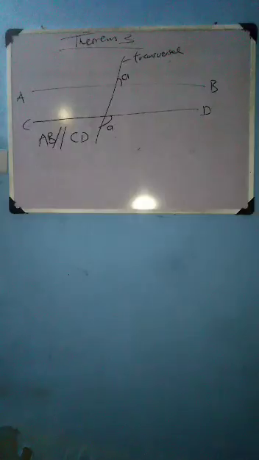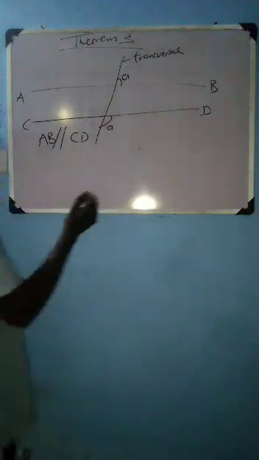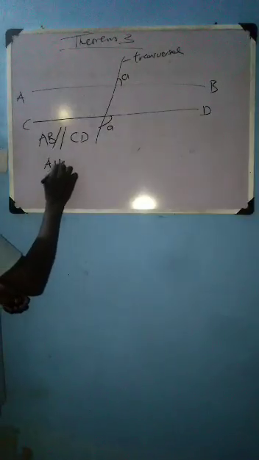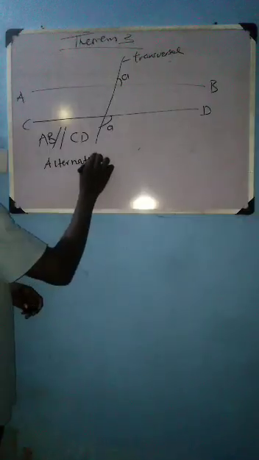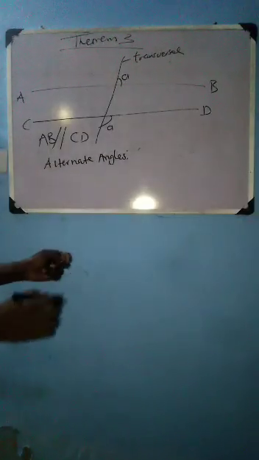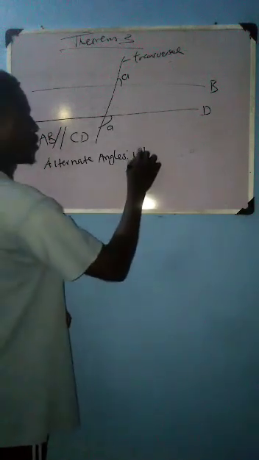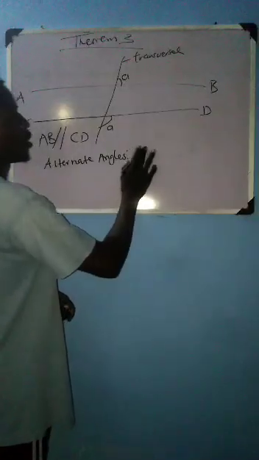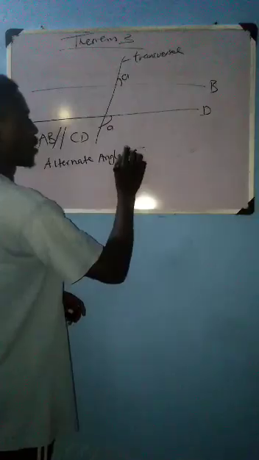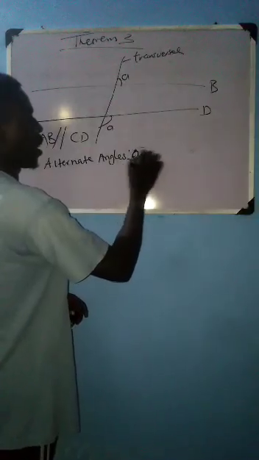Okay. So when this happens, we say these are called alternate angles. Alternate angles are equal.